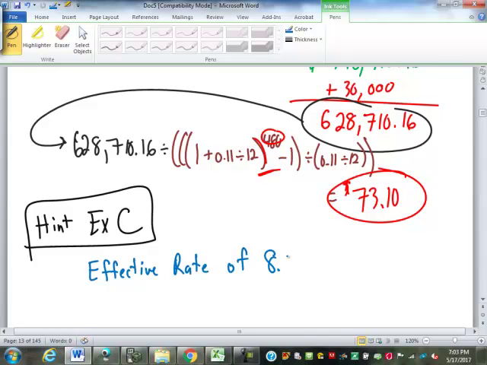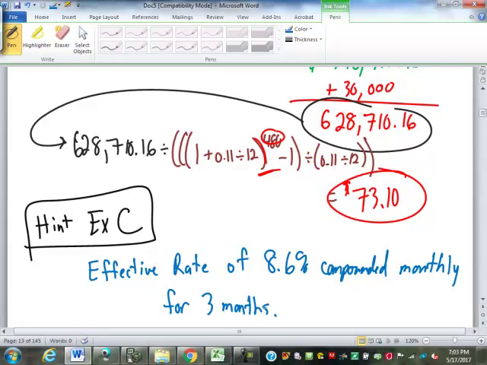of 8.6% compounded monthly. The question is for how long? Well, how often are the payments made? Quarterly. Quarterly, and a quarter is how many months? 3 months.